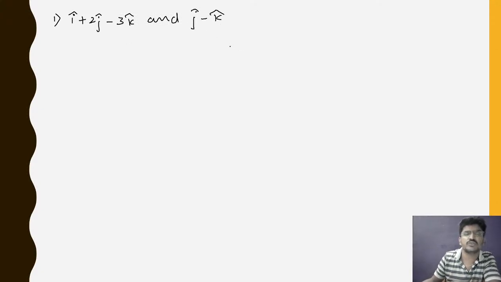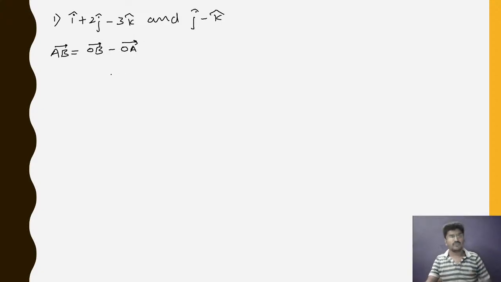So using these two vectors, first you have to find vector AB. Here vector AB is equal to position vector of point B minus position vector of point A, that is vector OB minus vector OA. Clear?